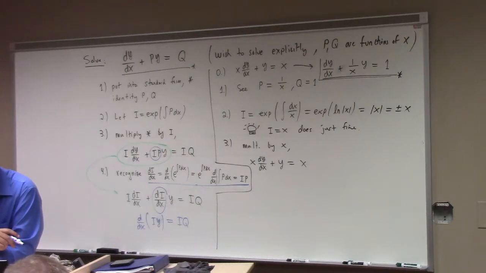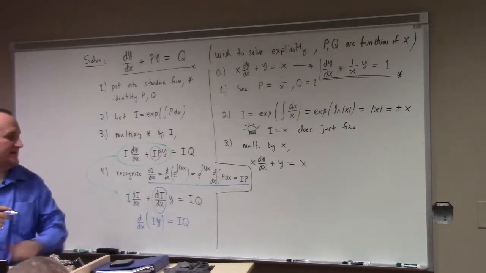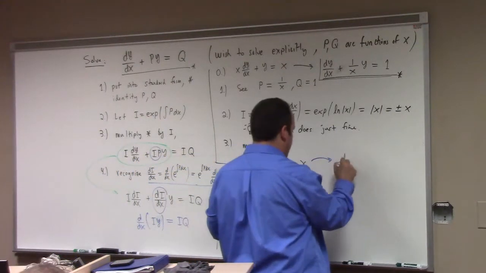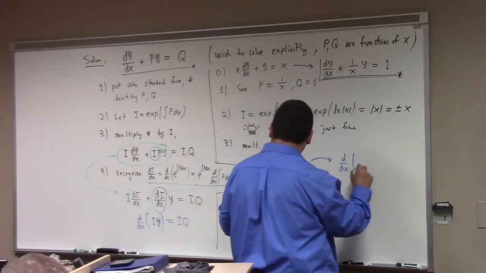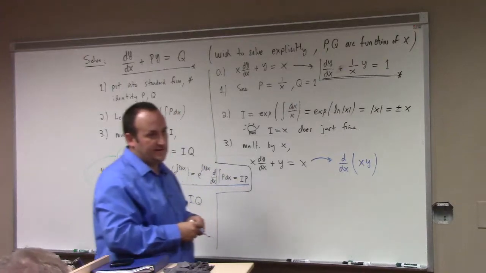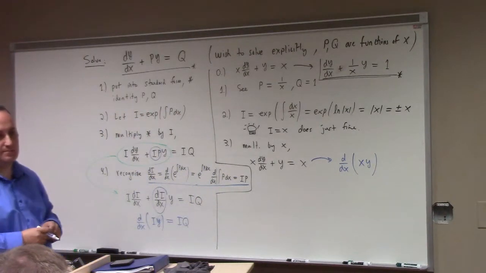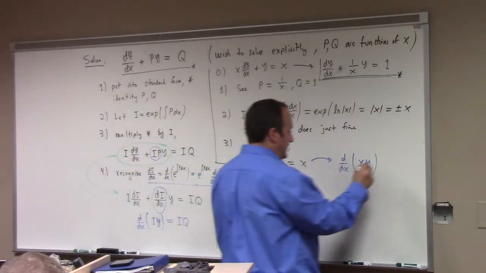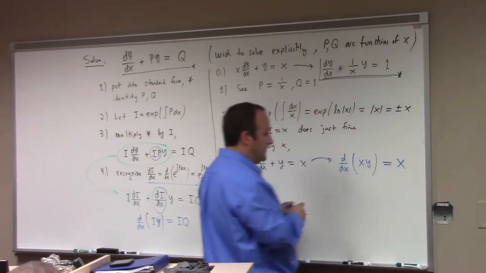I've run out of board space that half of you can see, so I better stop. But I can continue my example. For the example, tilt your head and squint, you can see that that's actually d/dx of x times y, which, by the way, is I times y in this example. And that's equal to x. So then how do I solve that differential equation?